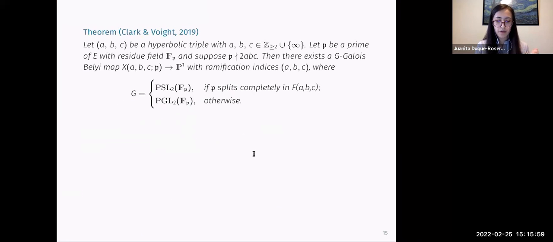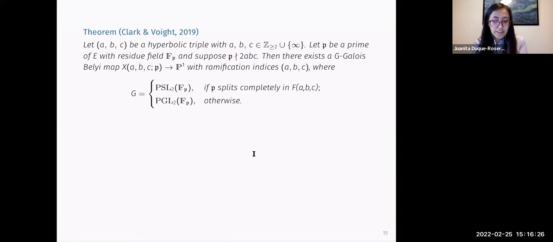And these are given by Clark and Voight in 2019. They take a hyperbolic triple and a prime just as I described before. And they further assume that P does not divide ABC. There are some generalizations where you can have P divide ABC, but for simplicity, I'm doing this.